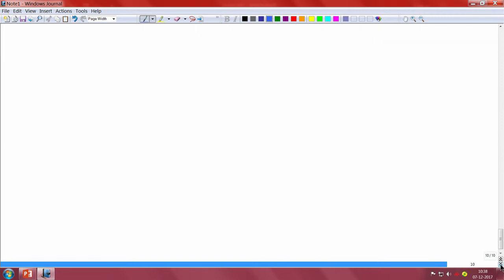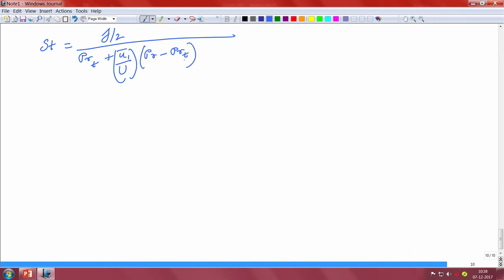If you do that math, your Stanton number will come out to be f by 2 divided by Prandtl number T plus u1 by u times Prandtl number minus Prandtl number T. This turbulent Prandtl number is, as we already know, epsilon m by epsilon h, just in case you have forgotten it. That is the whole thing.